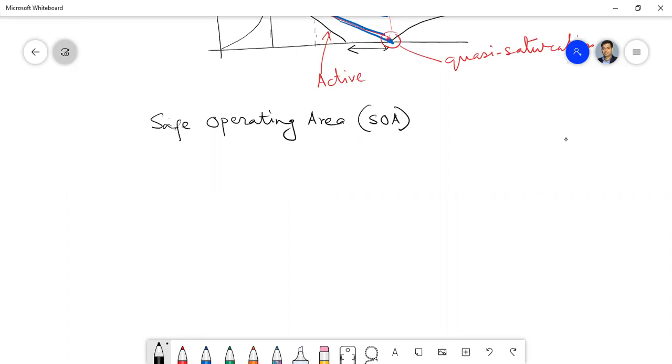Okay, so first I will draw, then I will explain it. Here you have the VCE. Basically, this safe operating area is given in the data sheets of any transistor. So we should know what the safe operating area is, then we can safely operate our device.